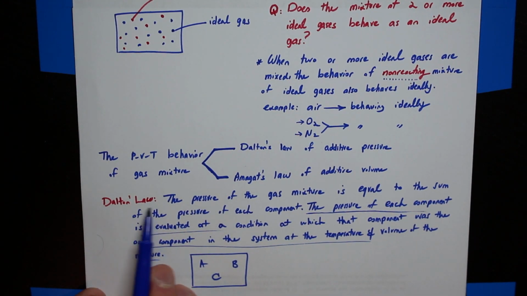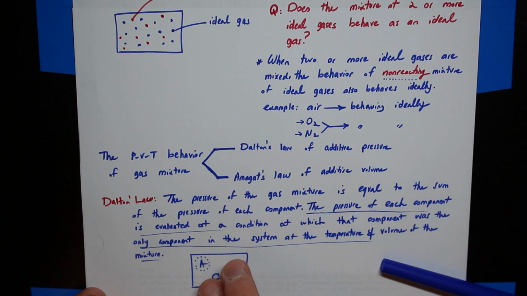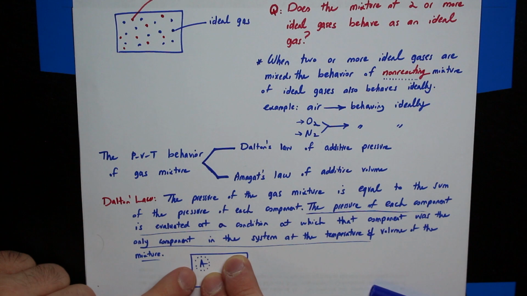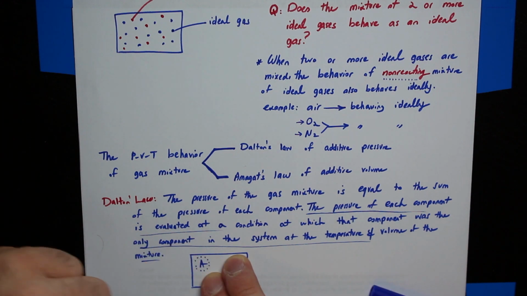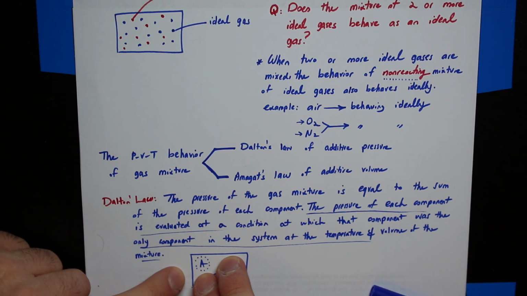If we want to do Dalton's law, let's say we start with component A, ignoring B and C. We pretend that only component A is within the tank, and we evaluate the pressure of component A at the temperature and volume of the mixture. So the volume of the mixture is the volume of this tank, and the temperature of A is evaluated at the temperature of the mixture.